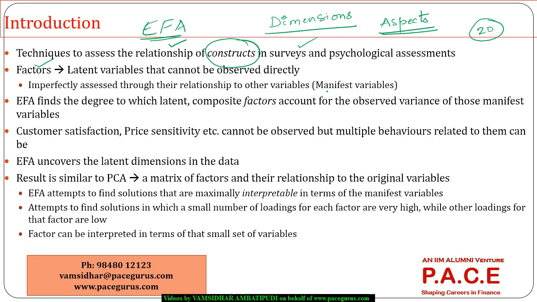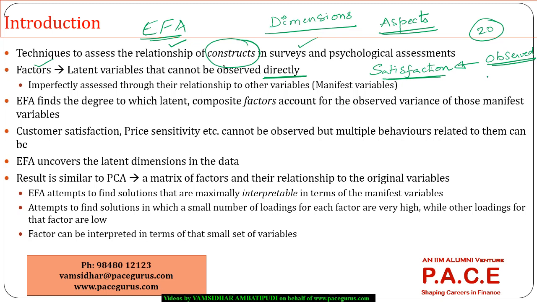Those are variables I cannot observe directly. For example, I am talking about customer satisfaction, right? I cannot observe what is customer satisfaction. But there are ways of trying to link something that can be observed with customer satisfaction.